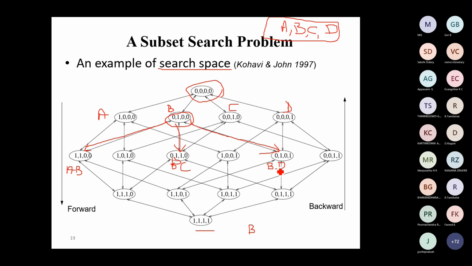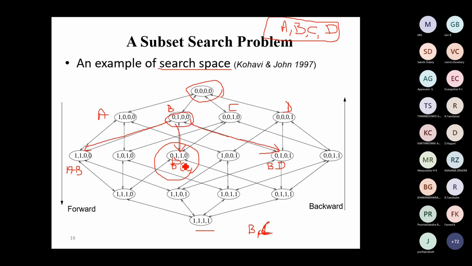Sorry, these are the three combinations. Now we have to check whether B with A is good, B with C is good, or B with D is good. Let us say BC is giving the best one among AB, BC, BD. So the second best is BC.